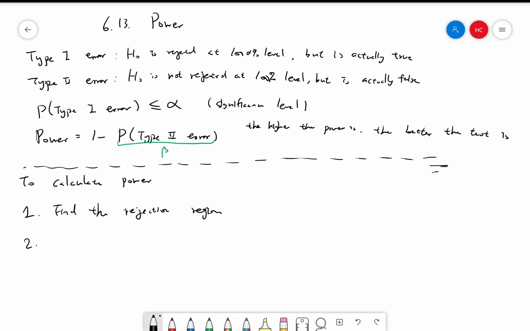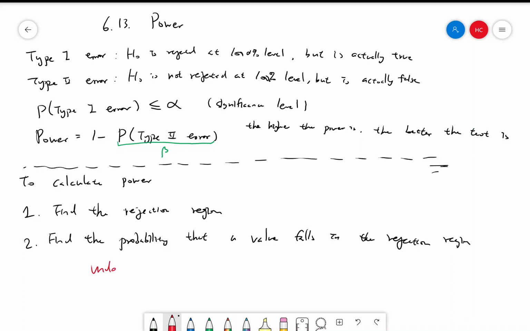And then second, find the probability that a value falls in the rejection region under, this is important, under the alternate distribution, which we'll talk about in the next page. Okay, so let's do a concrete example.